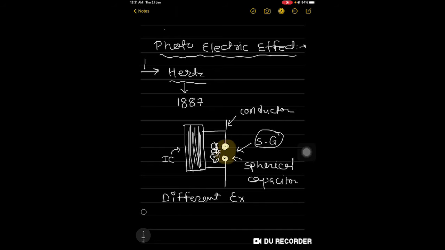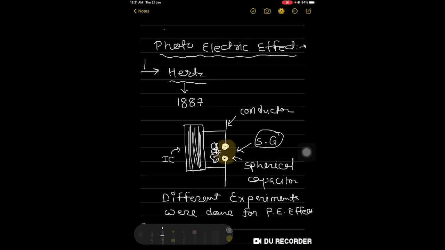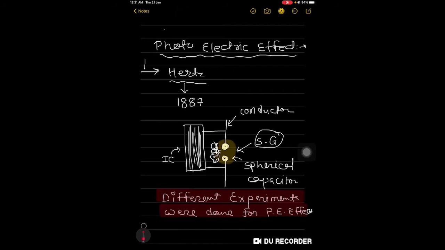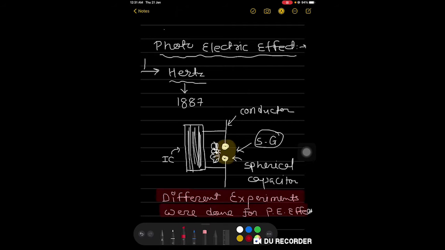Now, different experiments were done for that photoelectric effect. So now we will discuss those different experiments which were made for the photoelectric effect.